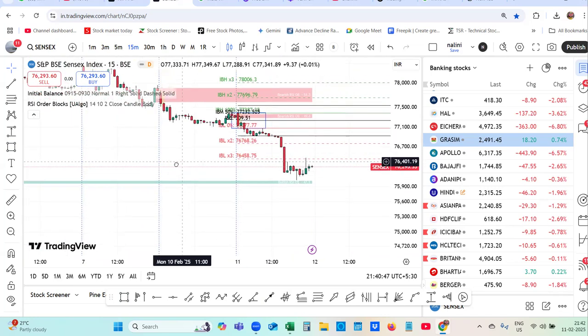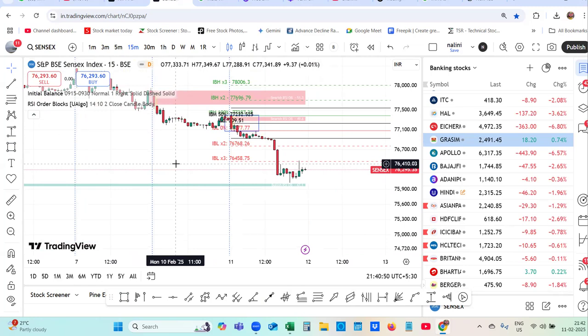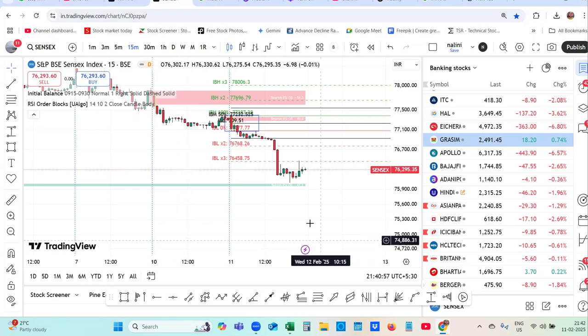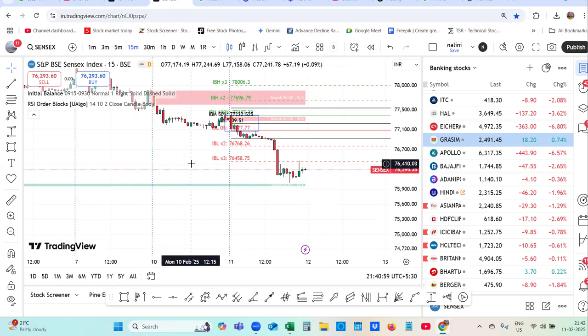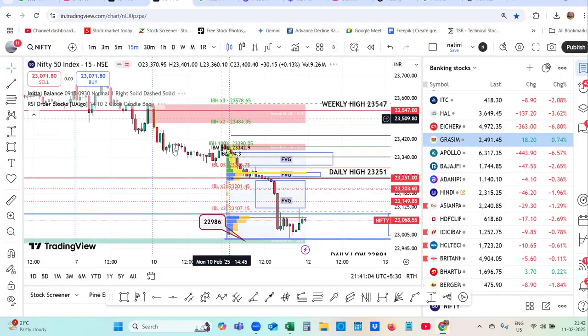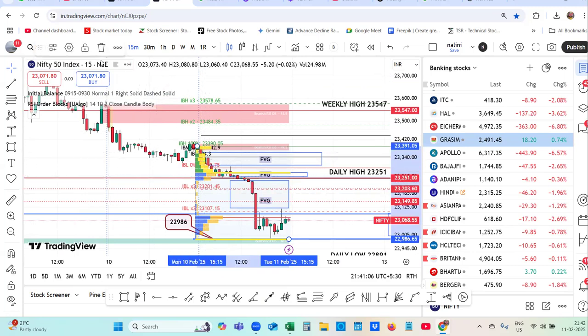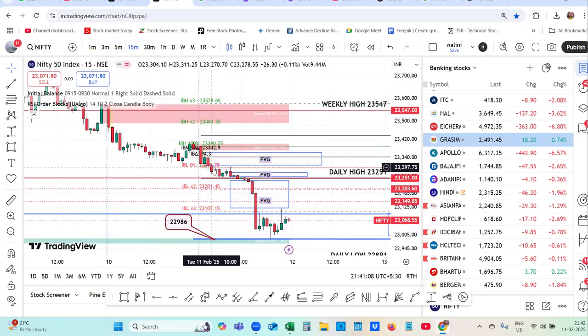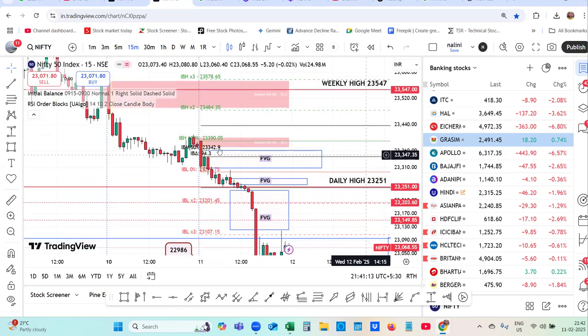So this is how you can take a trade with the help of these two indicators, initial balance as well as RSI order blocks. Let us check the Nifty and how you could have taken a trade. Even in the Nifty you can see an order block over here, and it led to the break of the initial balance low. It has marked the initial balance low, and it broke below that.